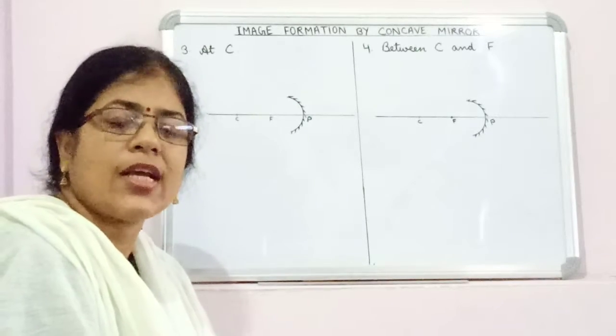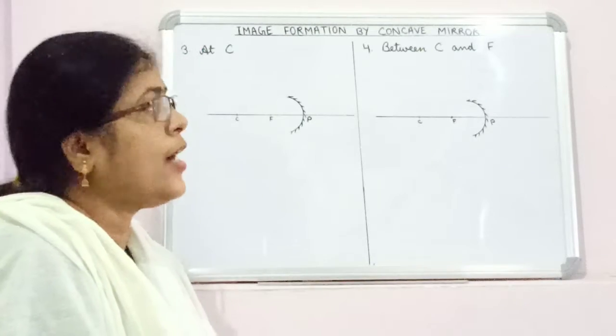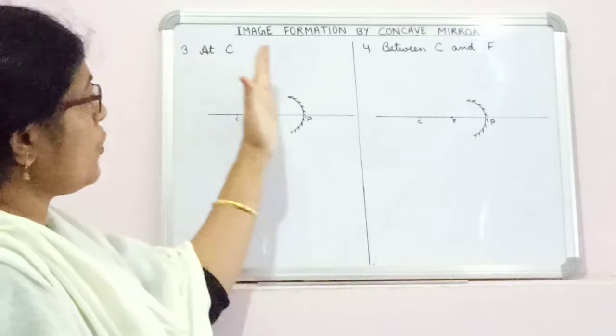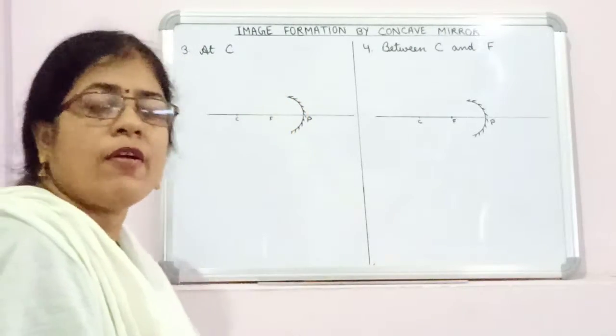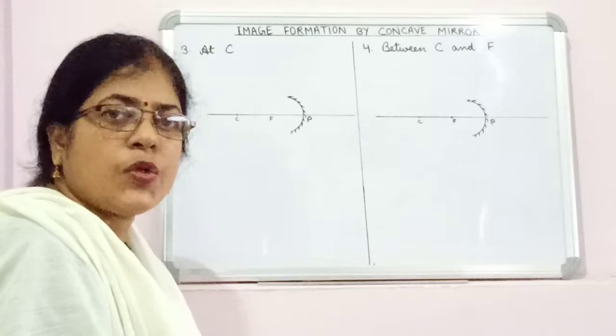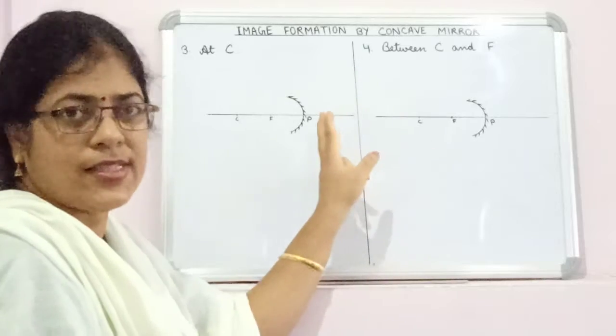Today we are going to discuss the next two cases, and we know that when we shift the object towards the mirror or away from it, we get an image of a different nature. So let us try to find out with these two cases.